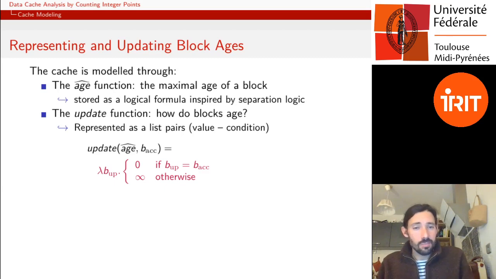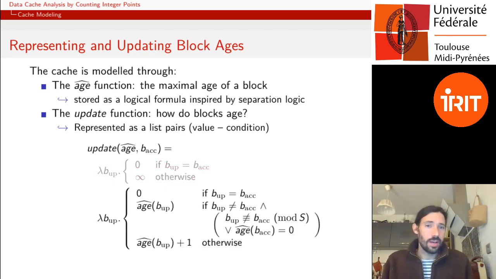We can have something much more precise like that. This update function treats a cache which is associative by set. So the age can still become 0 if we access the block.